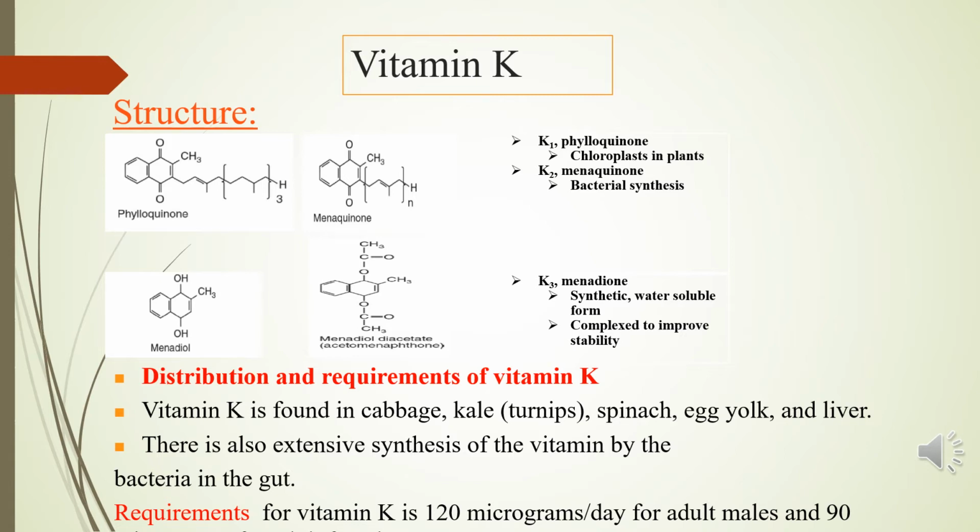These bacteria synthesize vitamin K in the intestine, which is absorbed and used. The requirement for vitamin K is about 120 micrograms per day for adult males and a lesser amount for females.